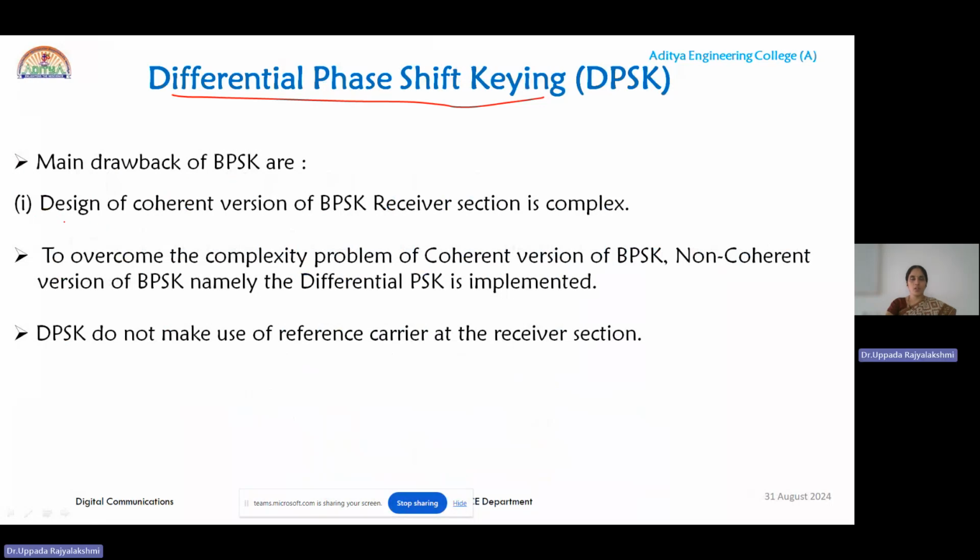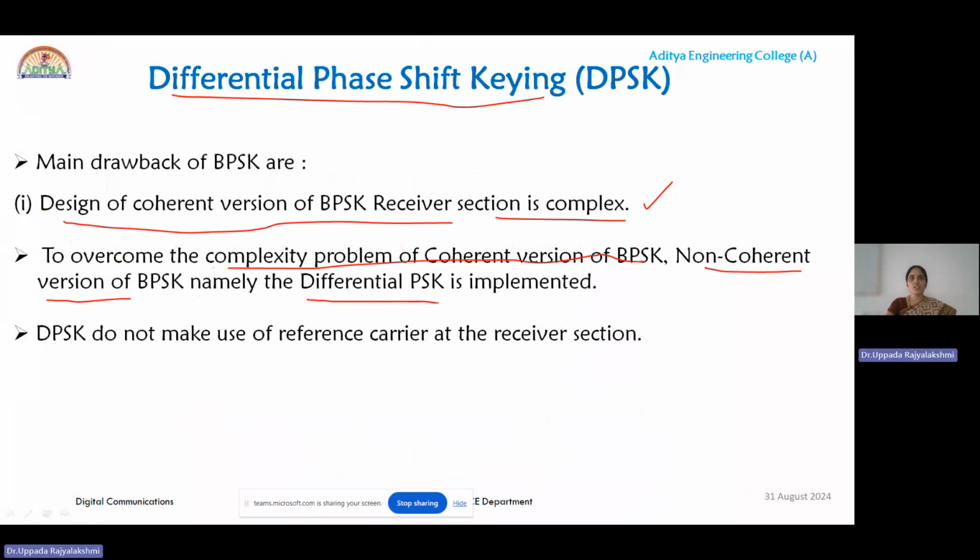Because we already discussed the coherent detection of BPSK and we have seen the complexity. Even though its SNR is high, the system of coherent detection of BPSK is complex. To overcome that complexity problem of BPSK, there is another method using the non-coherent version.